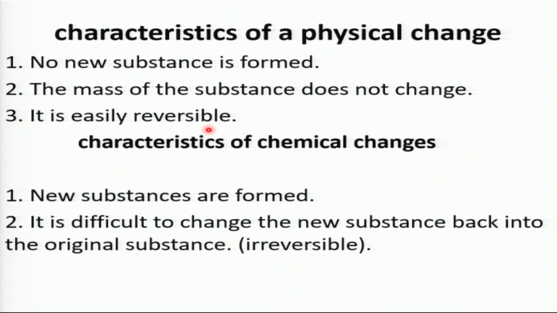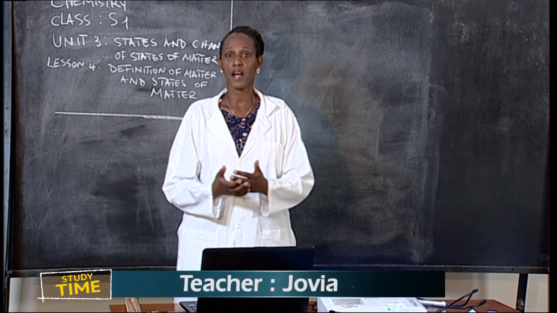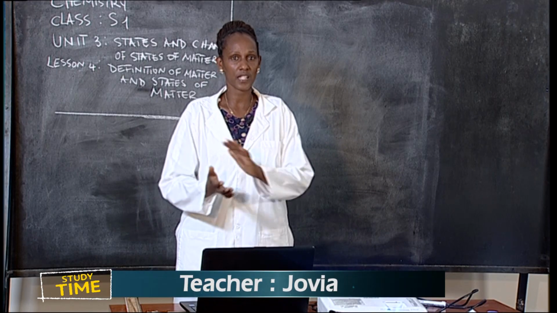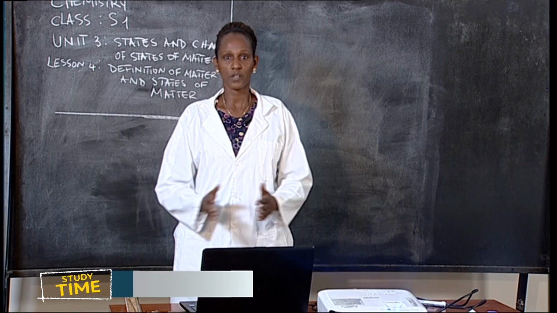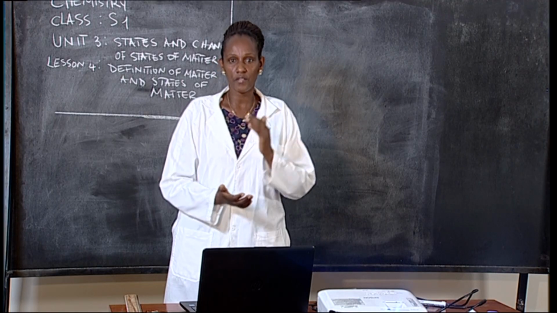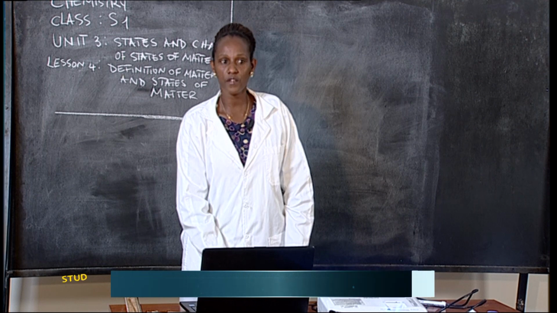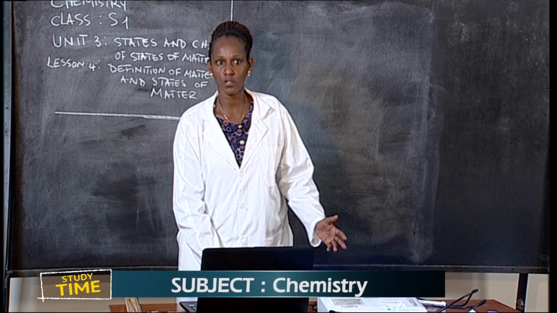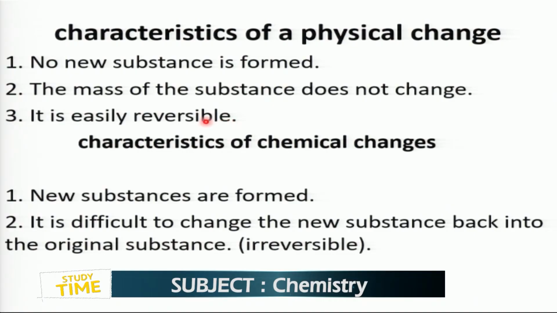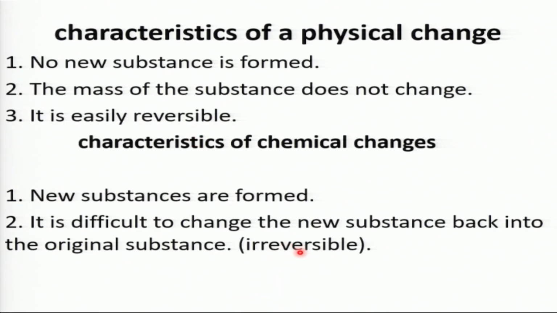But chemical change, as I said, you get a banana, you ripen it, it becomes a yellow banana. You cannot take it back to a green banana, whichever way you want it. So it is permanent. It is irreversible. These are good words to use. Physical change is reversible, whereas chemical change is irreversible. It is permanent, in other words.